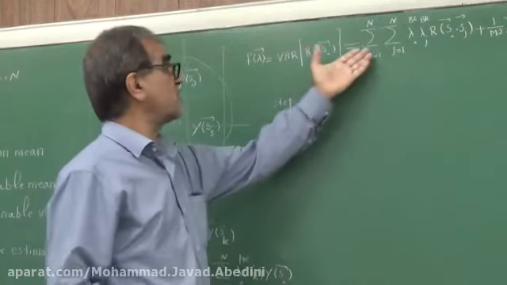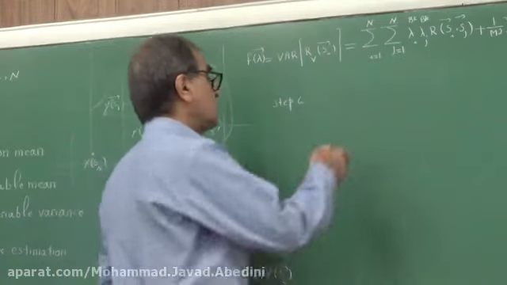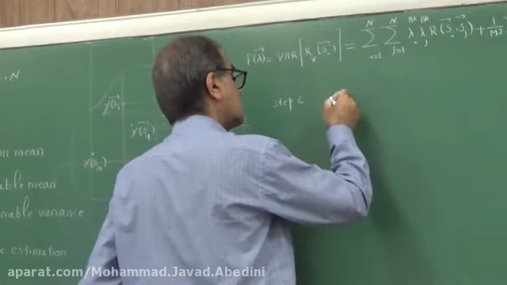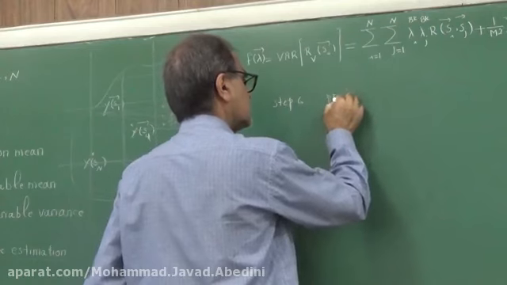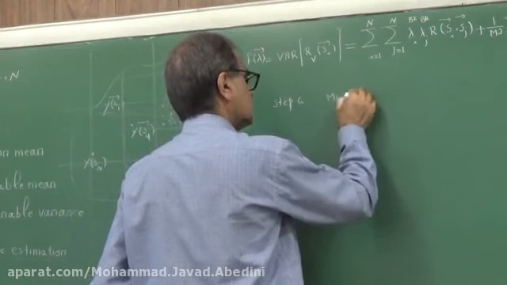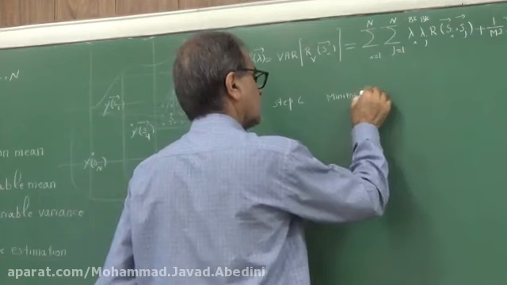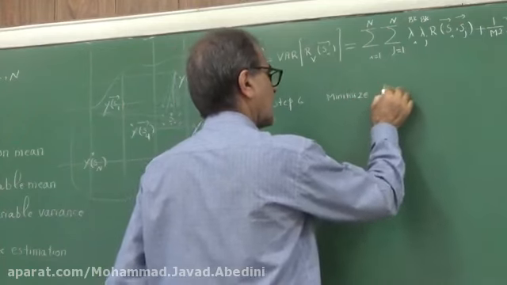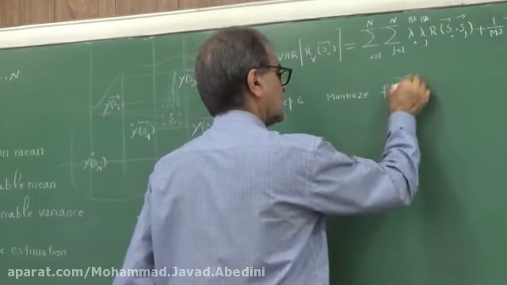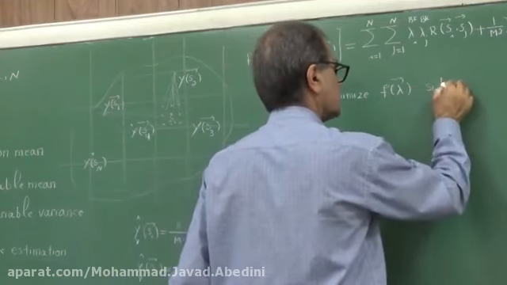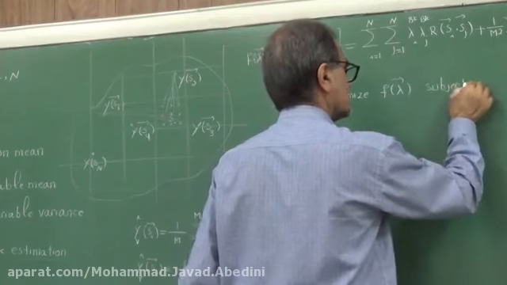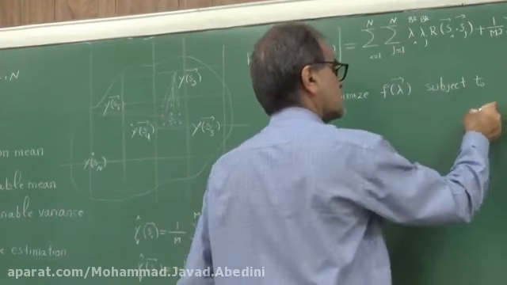Here, your objective function is constrained. Let me write it in qualitative terms: minimize f sub lambda subject to unbiasedness condition.